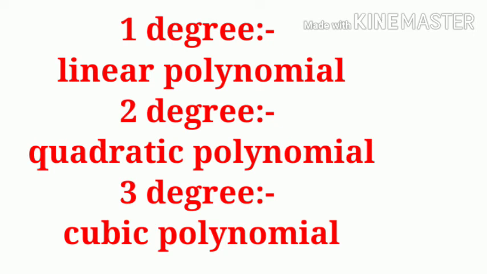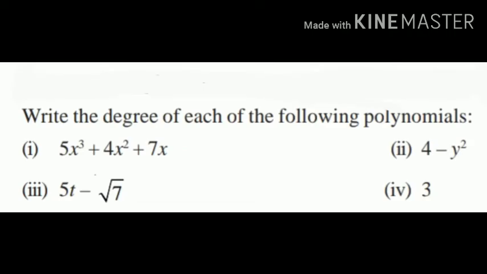Now let's start the question. Write the degree of each of the following polynomials. As I already told you, degree means the highest power of the variable. So in the first, the highest power of the variable is 3. In the second, the highest power of the variable is 2.